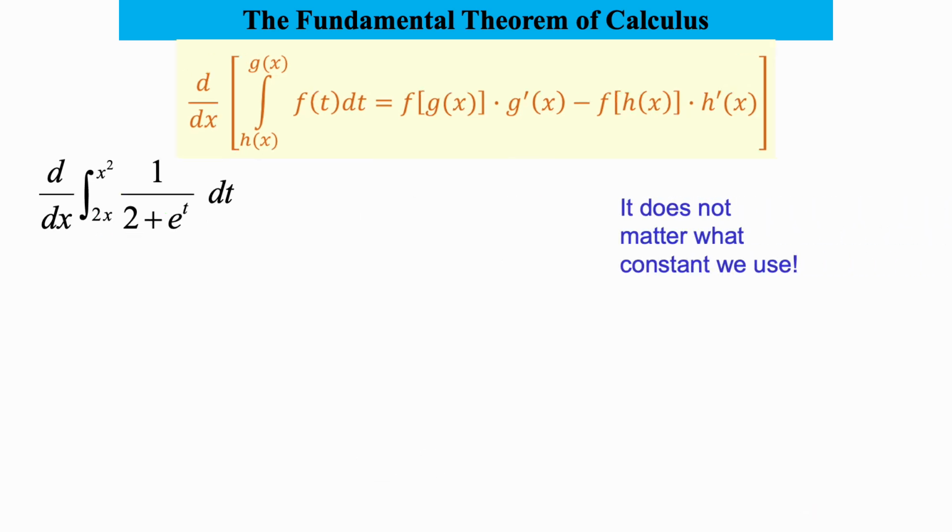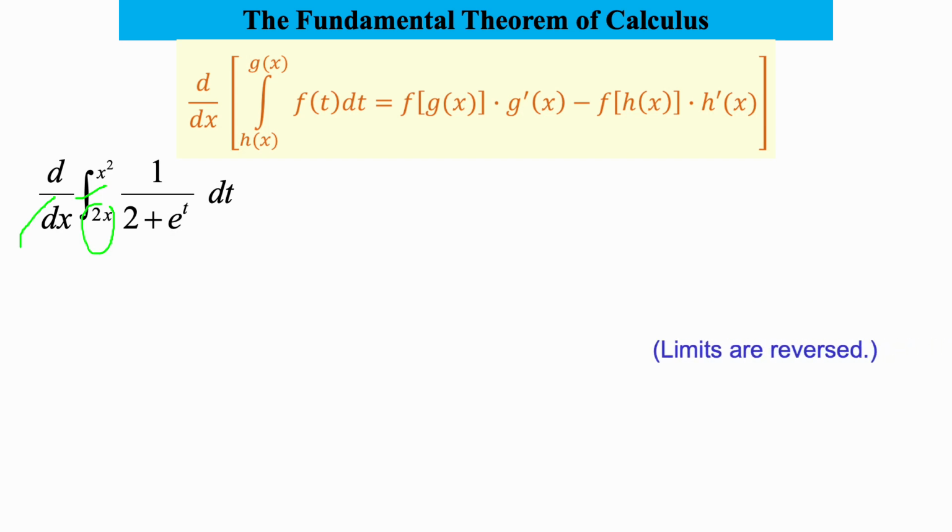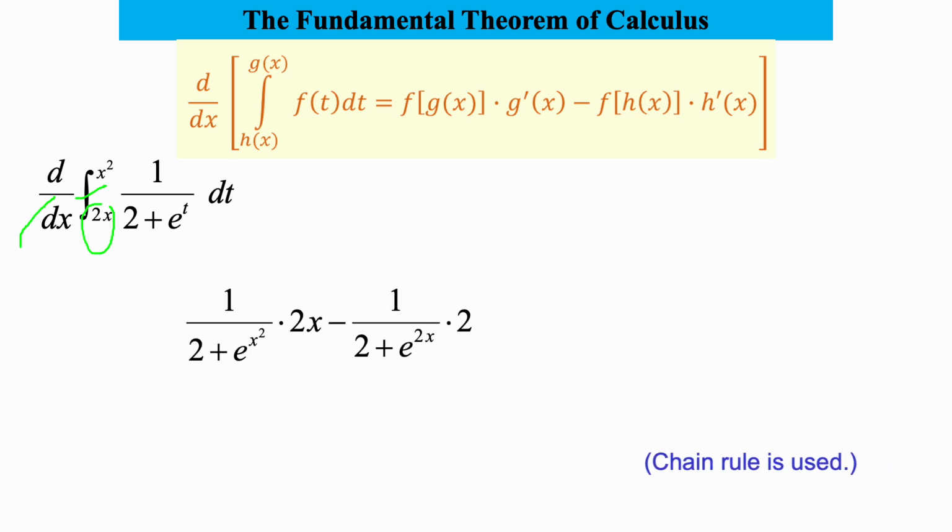And let us take another example. If I have two functions in the boundaries, what we do, the derivative will cancel the integral, then I replace x squared first by the derivative of x squared, minus what? We replace 2x by the derivative of 2x.